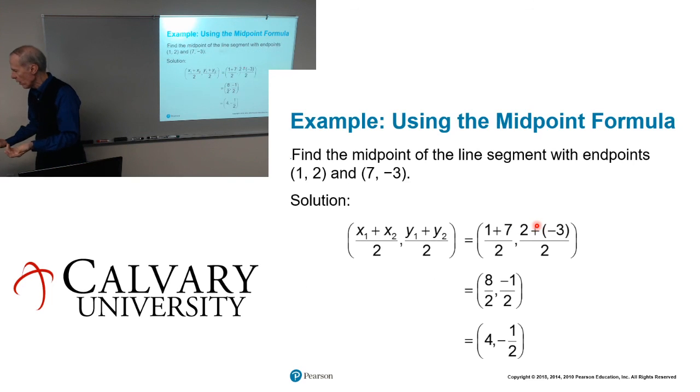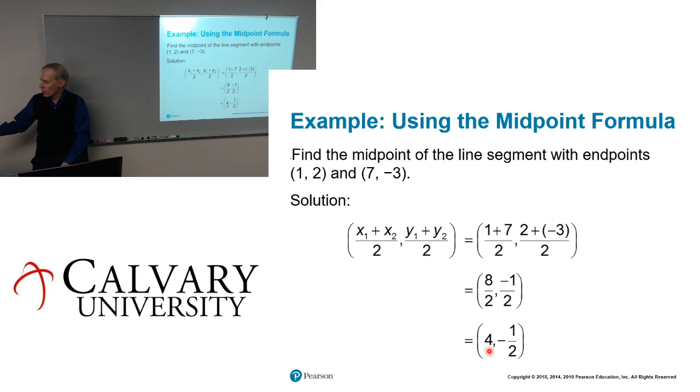So, as an example, if you had 1, 2 and 7, -3, the midpoint of those, you would add the 2 x's, 1 plus 7 is 8, you would add the 2 y's, 2 plus -3 is -1, and then in each case you divide by 2.